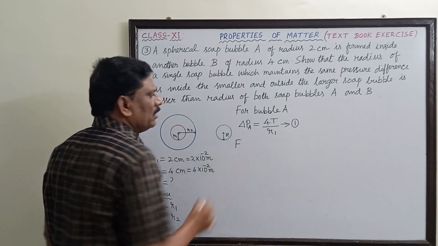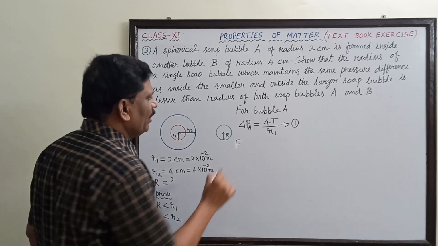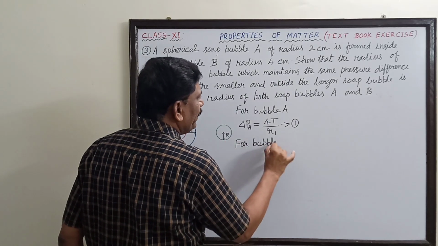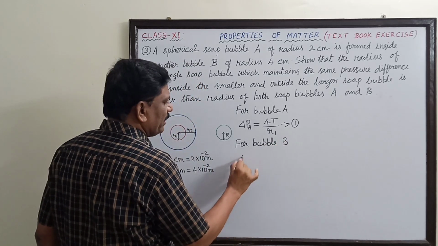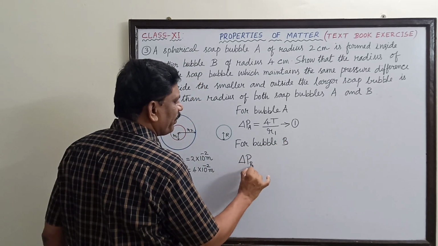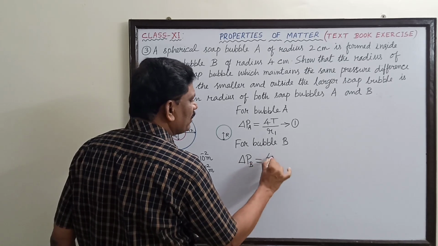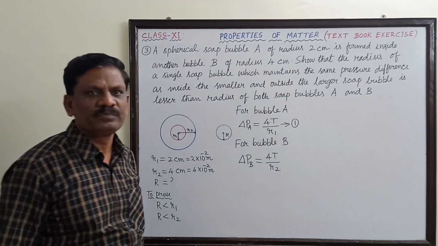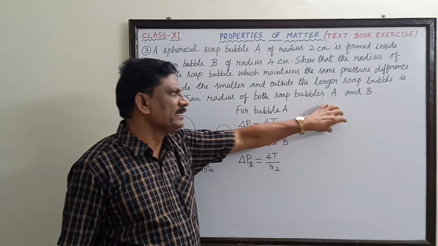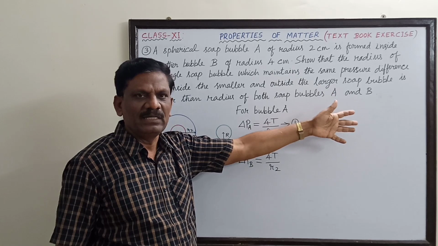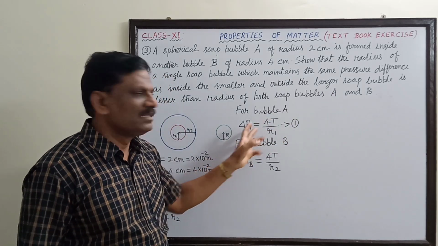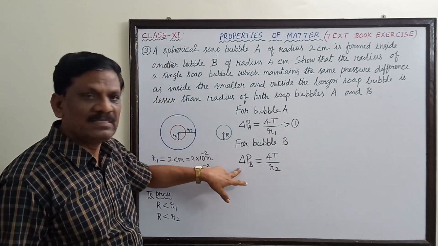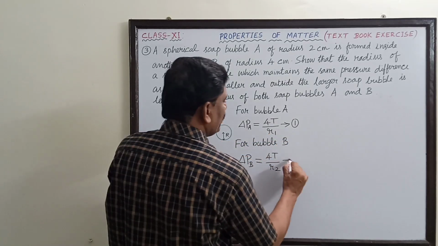Now only for the larger bubble, what is the pressure difference? For the bubble B, the pressure difference delta P2 is equal to 4T divided by R2. Similarly, only for the bigger bubble B, the pressure difference is this much. So let us take this as equation 2.